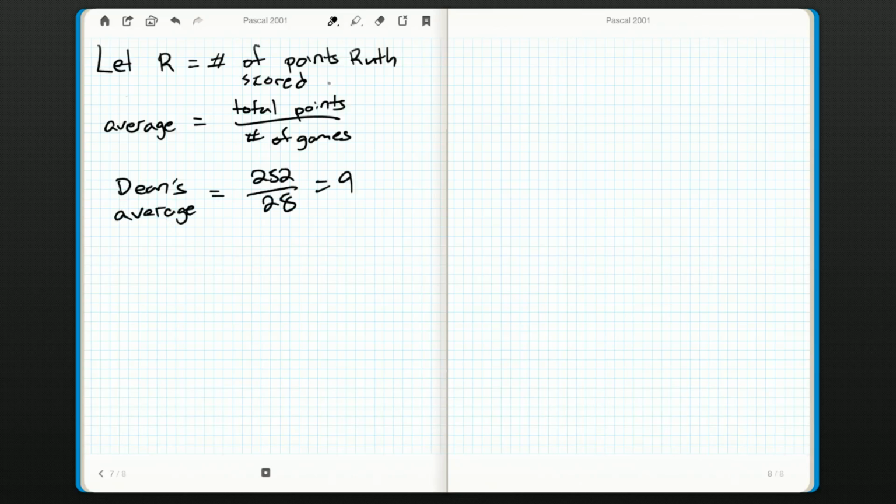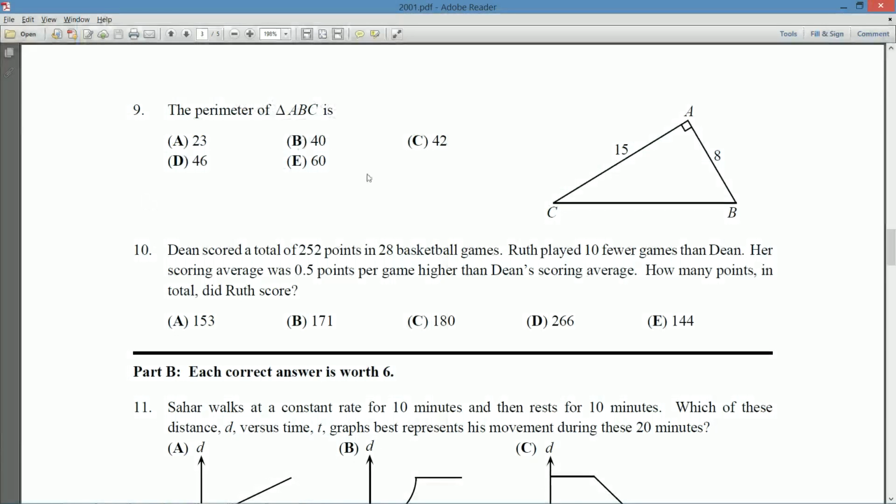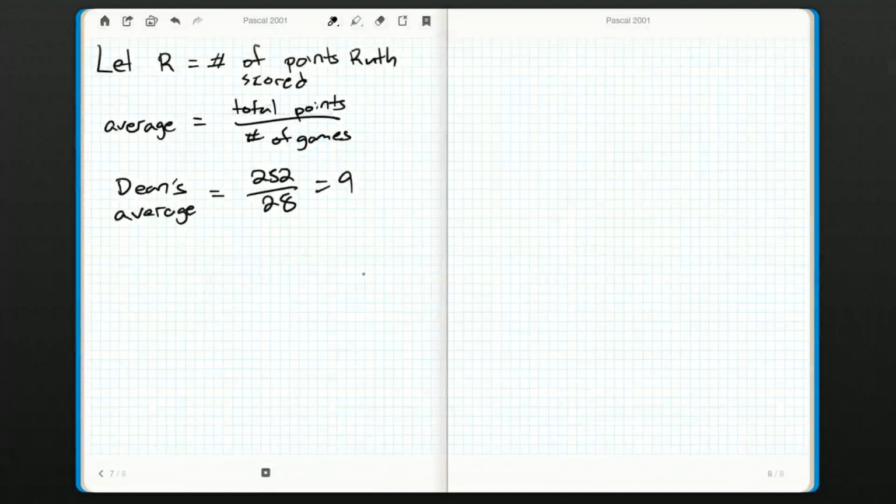We want R, the total number of points Ruth scored. So how does knowing Dean's average help us? Well, aside from being an obvious calculation to make because we have enough information to talk about it, we're also told that Ruth's average is 0.5 points per game higher. So we should technically have 252 points over 28 games, 9 points per game.